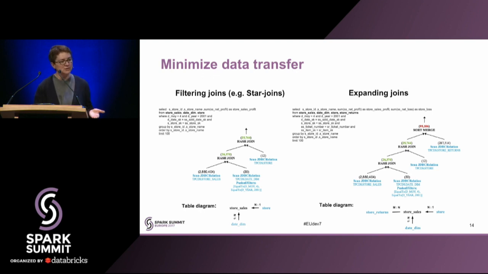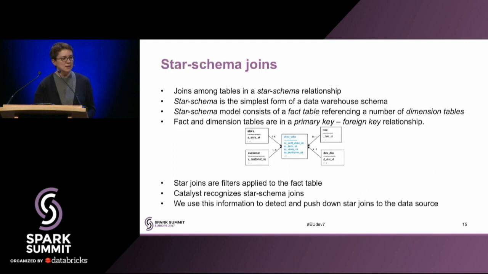In the case of a filtering join based on a one-to-one relationship between the tables, it is provable that this join will not return more rows than the end side of the join, the store sales table in this case. This relationship among the tables is characteristic of a certain type of join, frequently used in data warehouses and called a star join. A star join is a join among tables in a star-schema relationship.